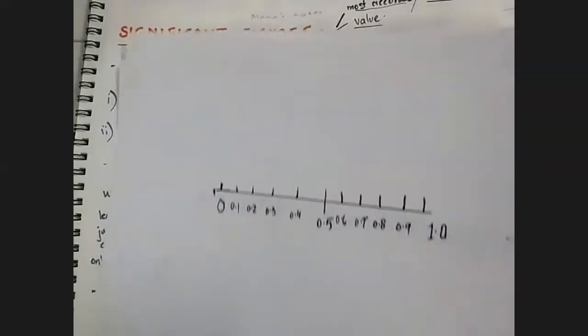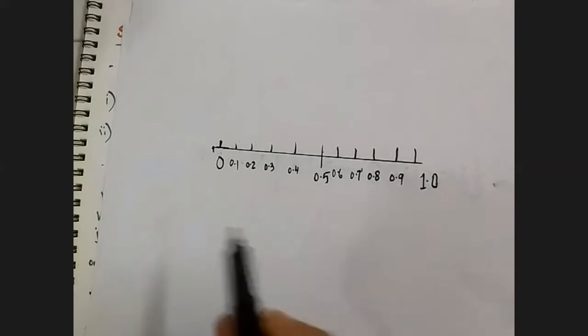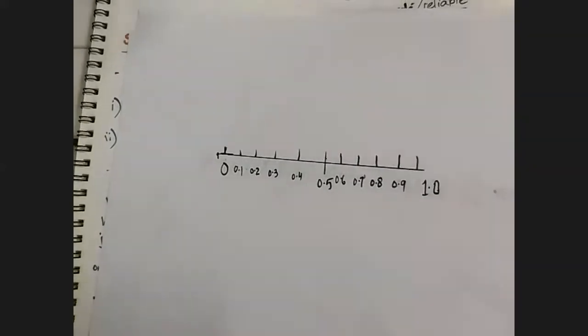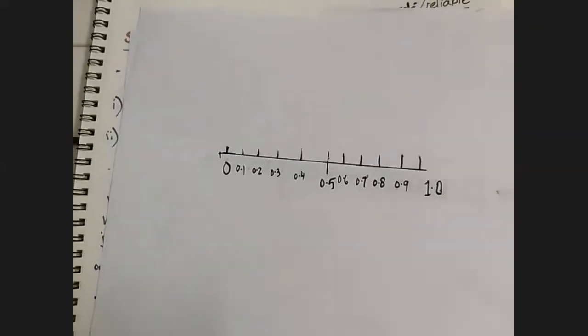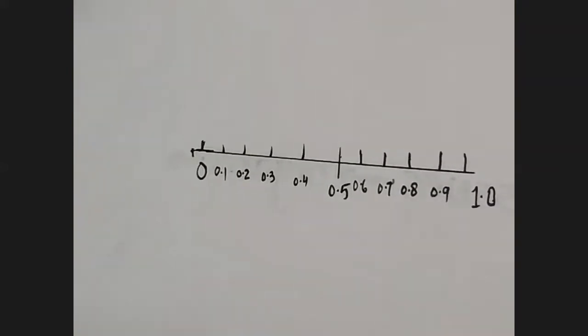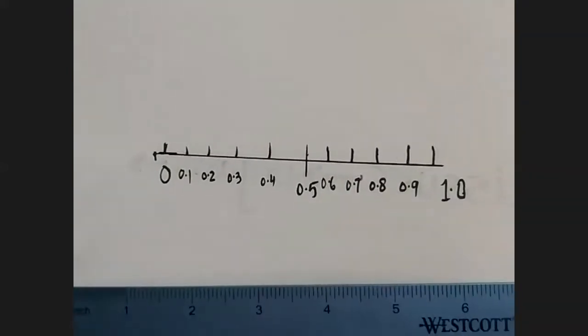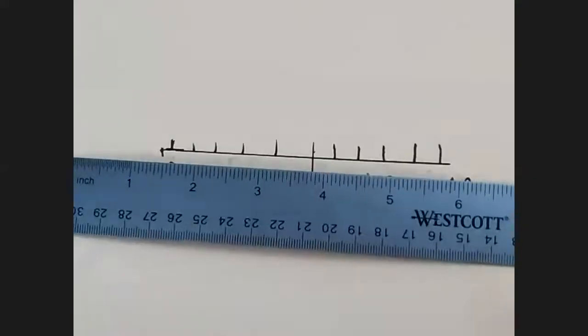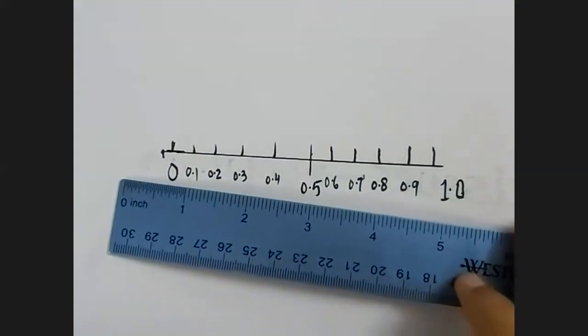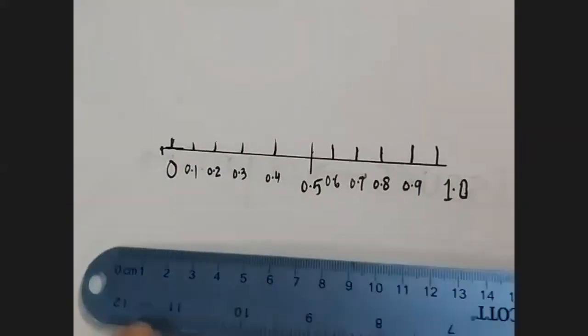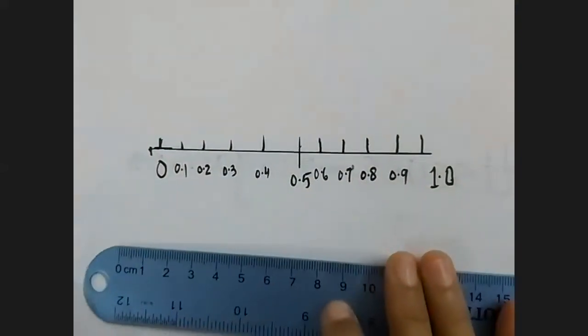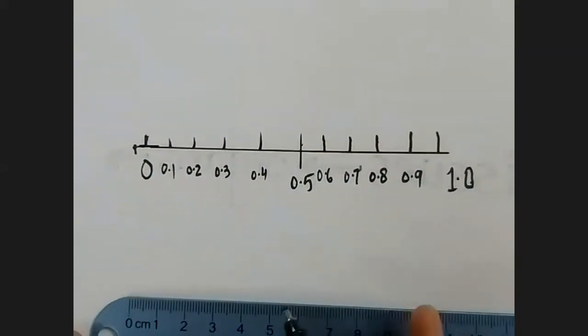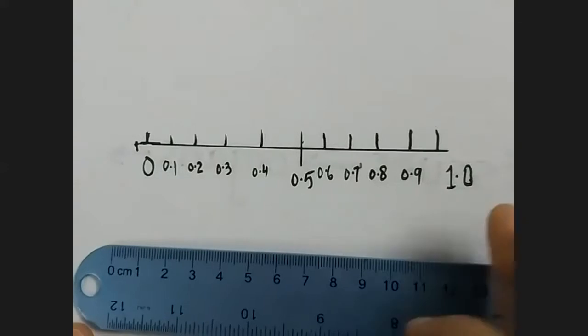Now what do I mean? For example, I made this. This is a ruler, an ordinary meter ruler. Accurate to what decimal place can I have a reading using this ruler?